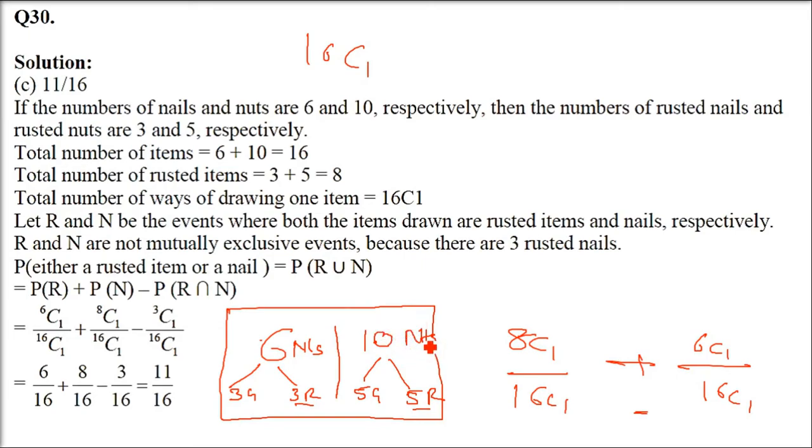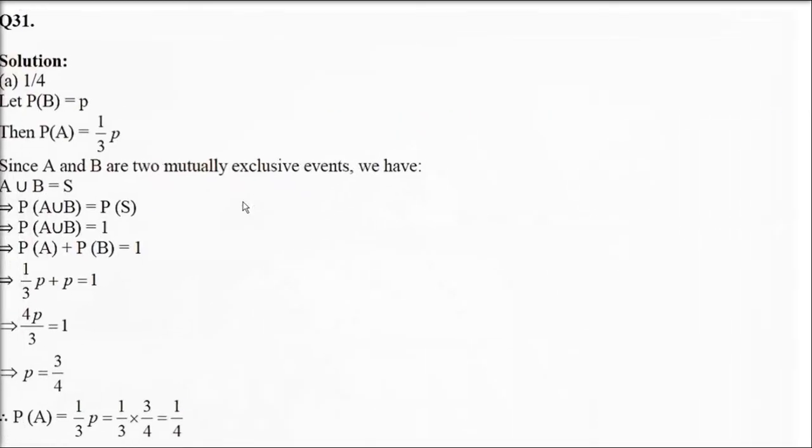There are 3 nails which are rusted also. So you have to subtract this: 3C1 divided by 16C1. This is basically P of R union N that you have to find out. R is the probability of getting rusted and N is the probability of getting a nail. So you have to subtract the intersection also. 11 by 16 will come.